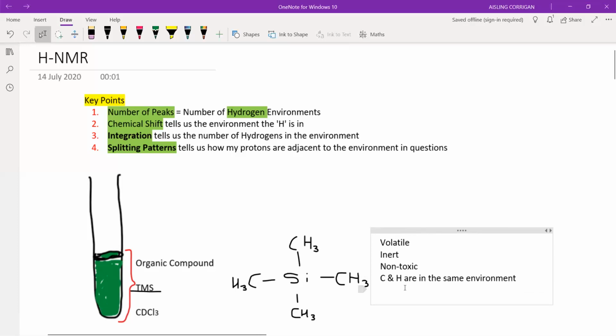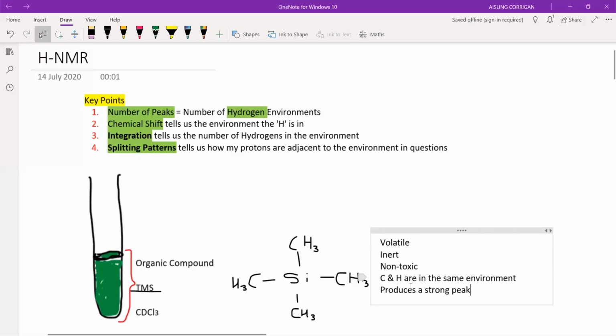In turn, that produces a very strong peak. So when we throw this into the machine, it's unmistakable. It's really far to the right. It produces a very, very strong peak, and everything else is, if you remember, downfield from that. So those are the reasons. I would advise you to know them all, because again, they can give you 1 or 2 or 3, and you name the rest.